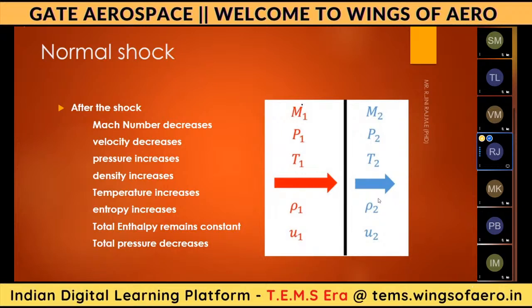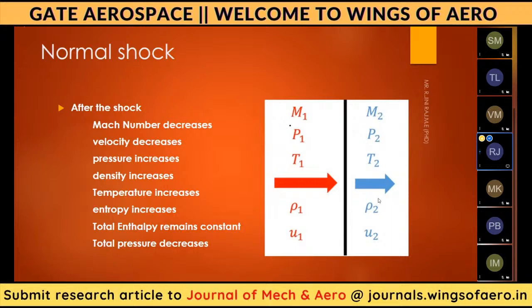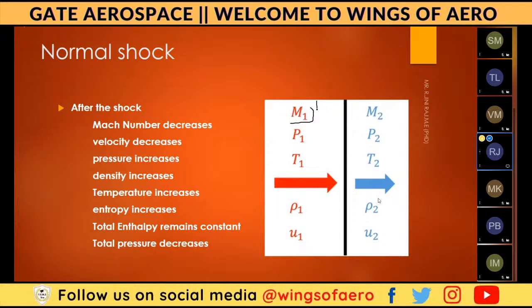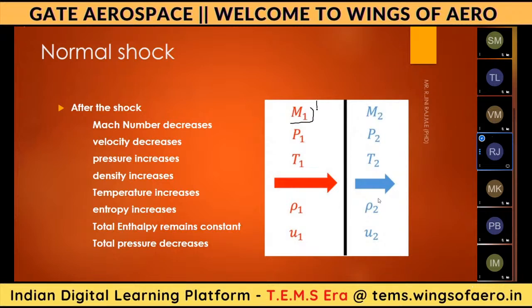So here we can see the flow properties. Consider this a normal shock which is stagnant, that is, it is not moving. The left side section we will consider as 1, and the right side section as 2.